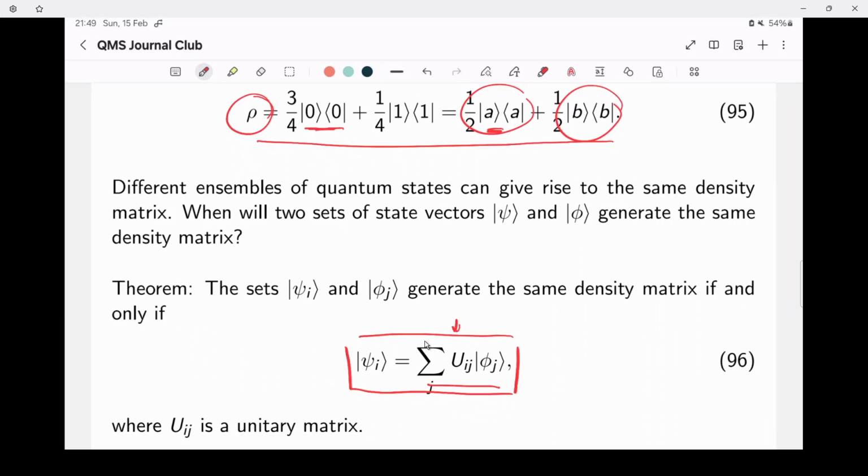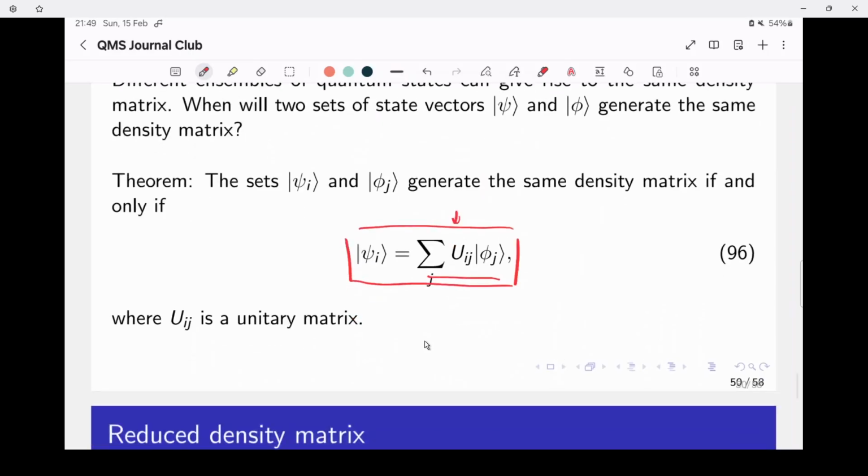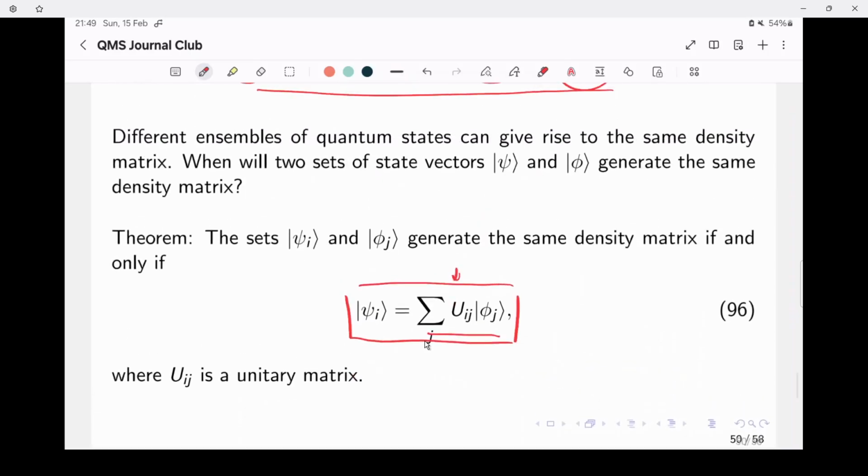And that's why whenever they are related by the same unitary matrix, you get back the same density matrix. So in my opinion, this is a more intuitive proof of this theorem, so to say, if you don't want to go through the mathematics.